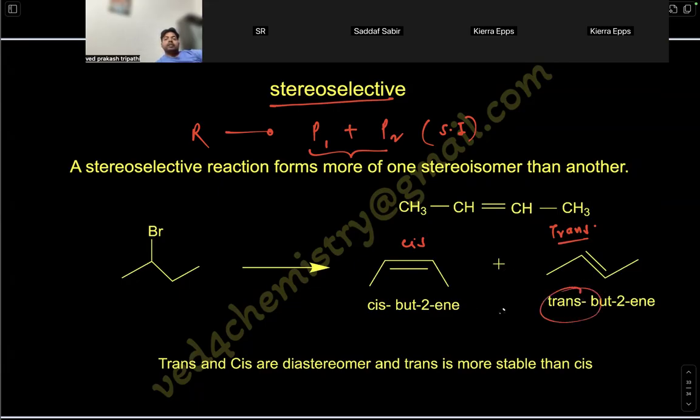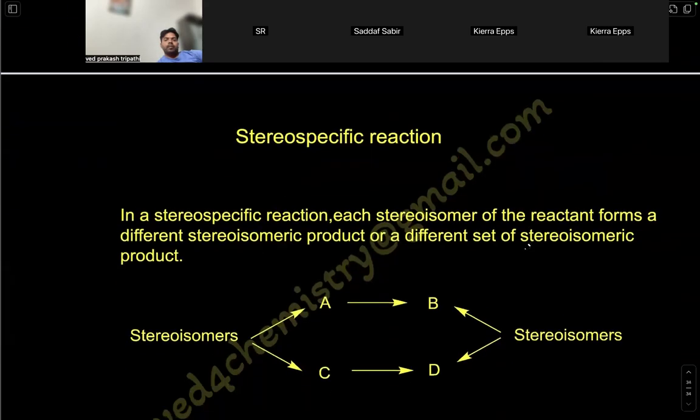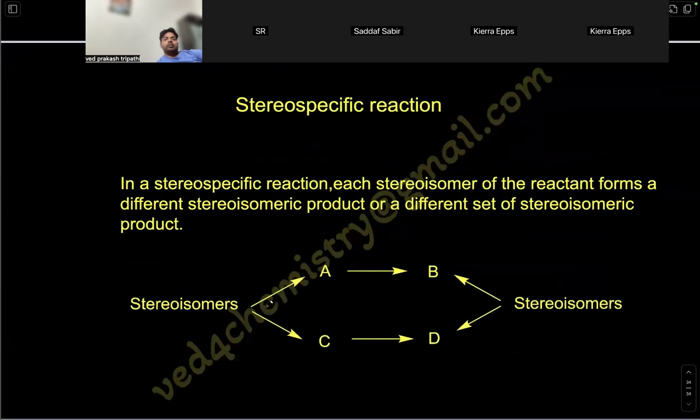So that's why this is stereoselective. Make sense? Please tell me. It makes sense? So stereoselective means one of the stereo products is major. Regioselective means one of the constitutional isomeric products is more stable. And stereospecific means a special kind of stereoisomeric reactant can give a product.